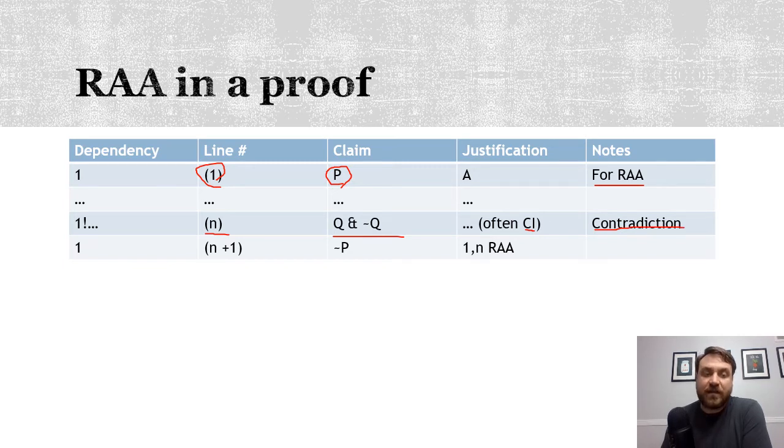And then your dependency numerals will discharge that assumption. So on some later line, you can say, because we assumed P, we got a contradiction, we're going to conclude not P using line 1, the line on which you made the assumption, the line on which you derived the contradiction, and the rule reductio ad absurdum. Okay, that's how it looks on a proof. Let's take a look at an example.